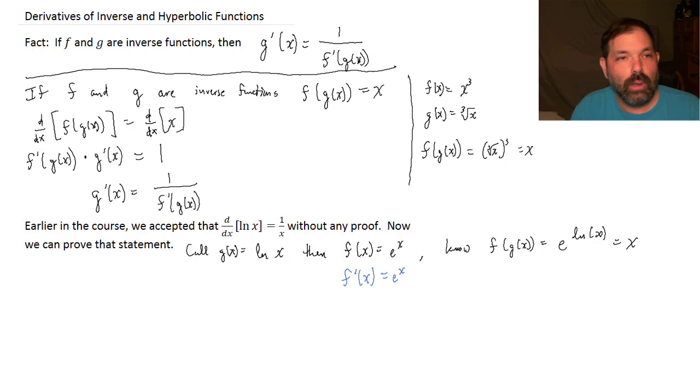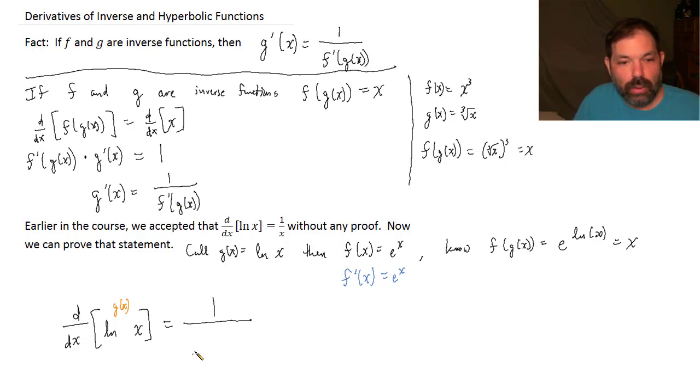Now, d by dx of natural log x, remember, that was my g of x, would then be equal to 1 over f prime at g of x. F prime was e to a power, so this is e to the natural log x.